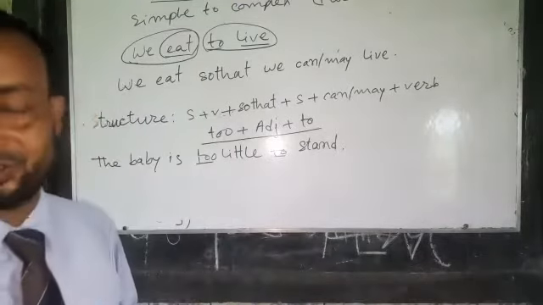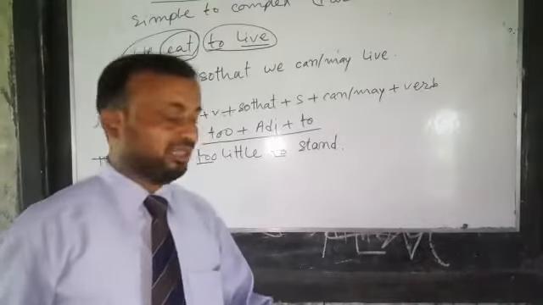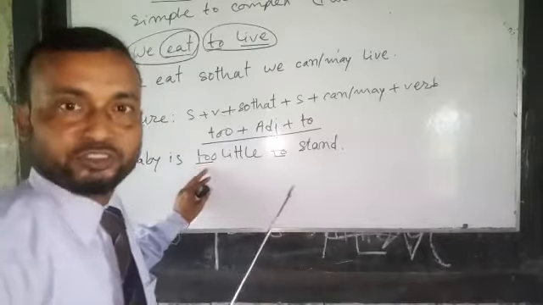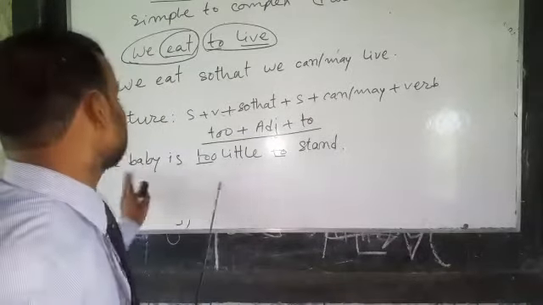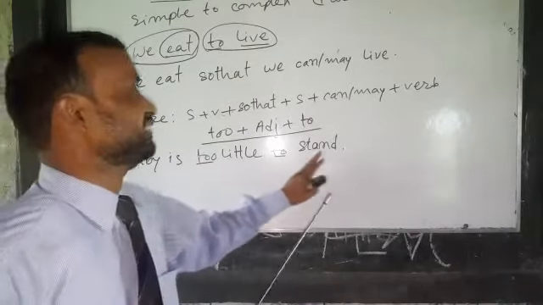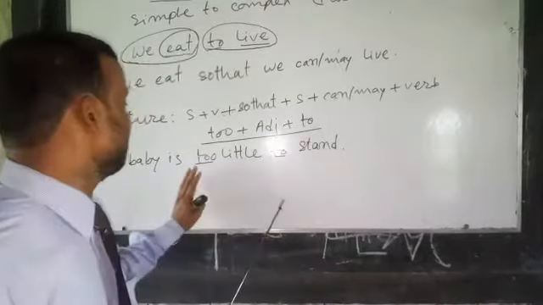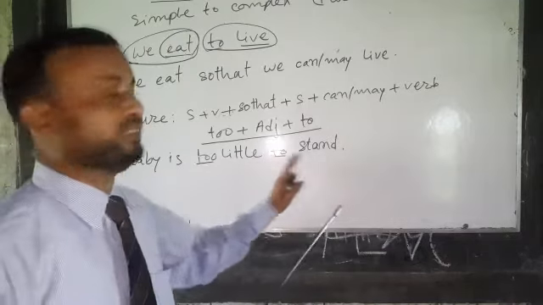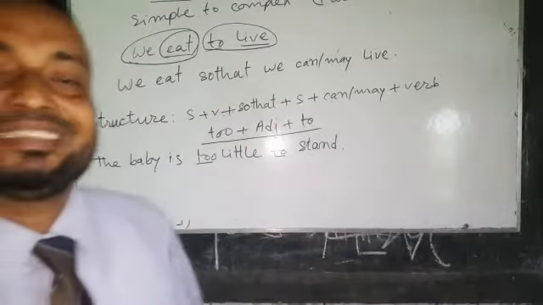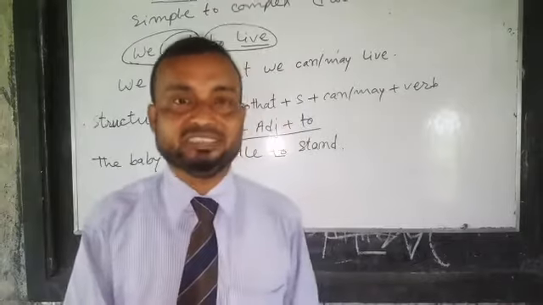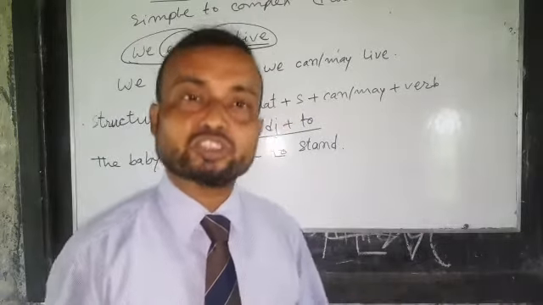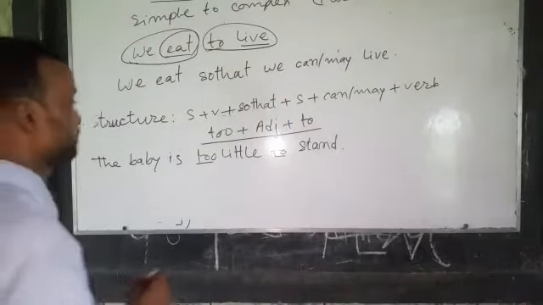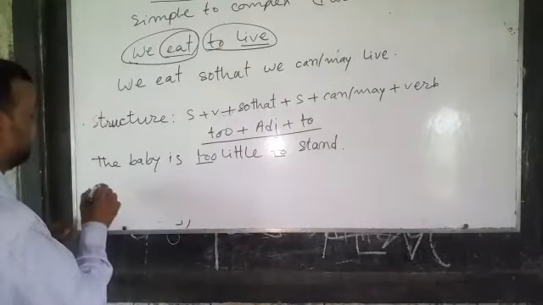My dear students, sometimes you can see that this "too" is not used. Sometimes there is used "the baby is so little to stand", and sometimes it can be used "the baby is too little to stand". The twice connector is the same meaning, so rules are also the same. My dear students, now follow the changing.